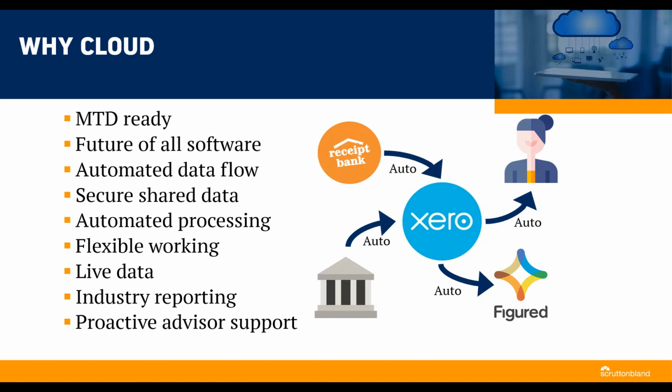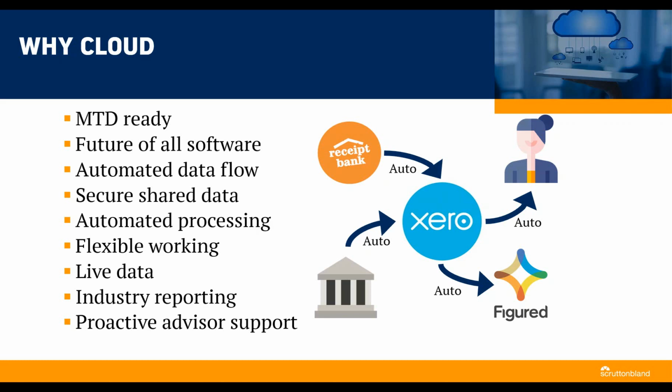The bottom right is an example of utilizing an industry-specific app, which is what Figured is. Figured is an agricultural app, which takes your data and transforms it into something that will work for how your industry operates. So Figured takes crop finance information from Xero and shows it over a reporting period for a crop cycle.